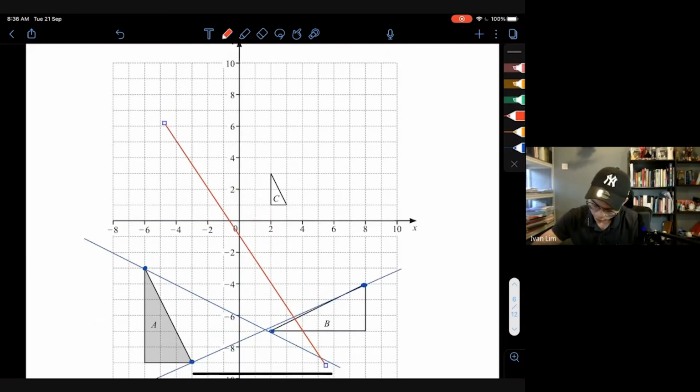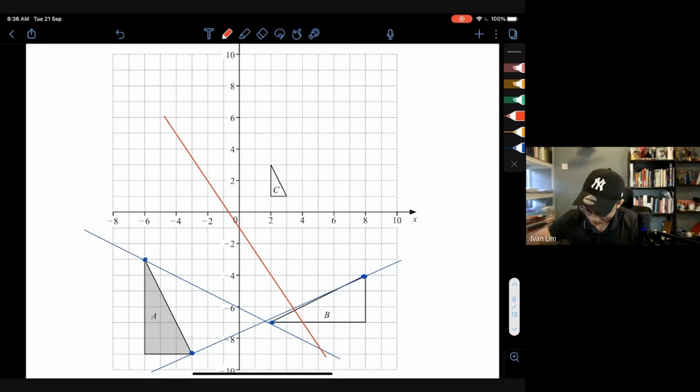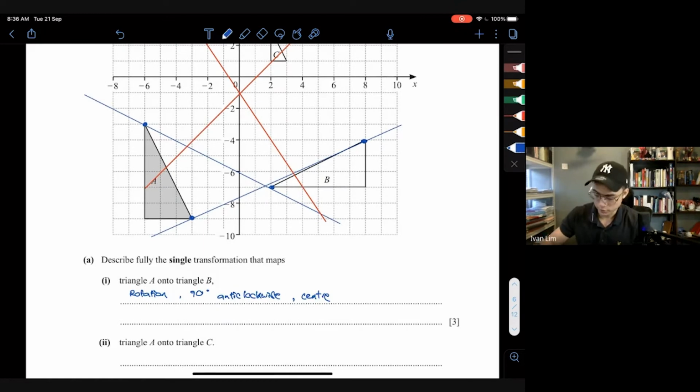So basically it's 0, -1. So just need to know the answer, but the method is there.